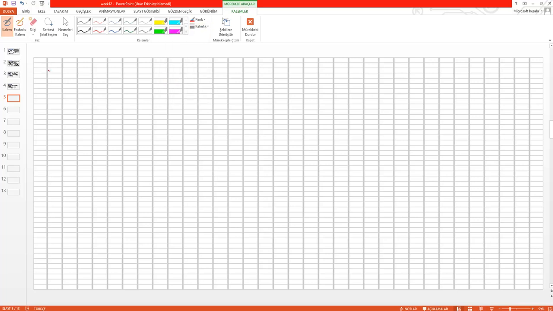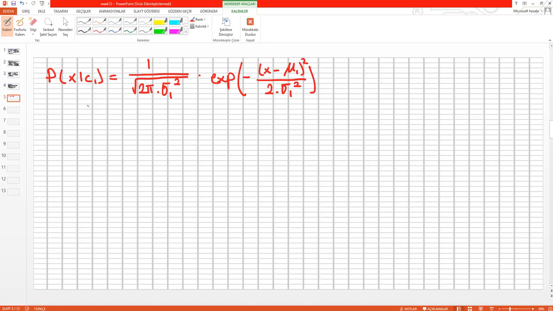For example, for P(x | C1), we can create a normal distribution formulation like this: 1 over the square root of 2 pi times standard deviation 1 squared, times the exponential with minus (x minus mu 1) squared divided by 2 times sigma 1 squared.